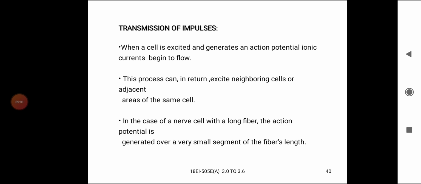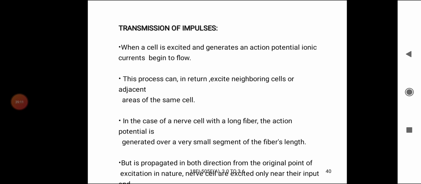In the case of a nerve cell with a long fiber, the action potential is generated over a very small segment of fiber length, but it is propagated in both directions from the original point of excitation.